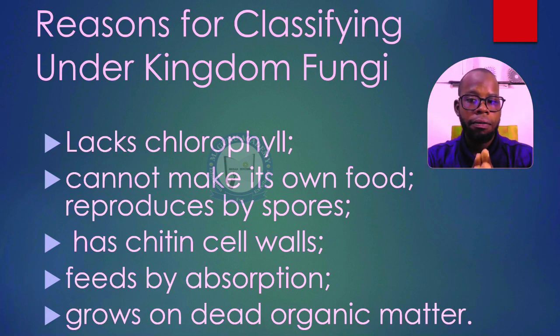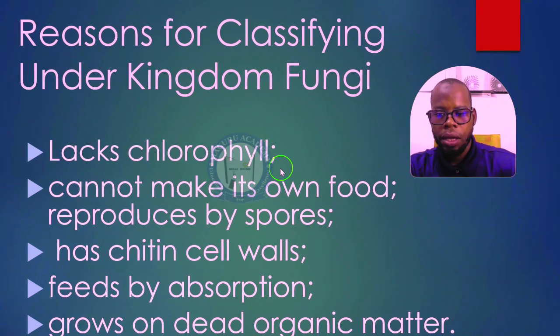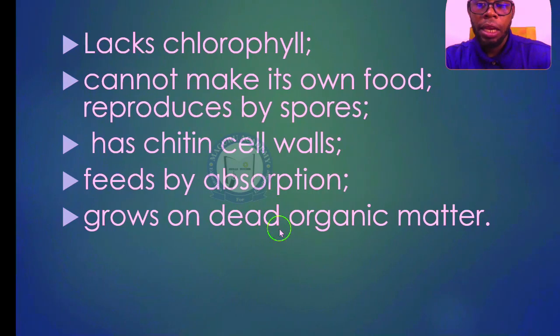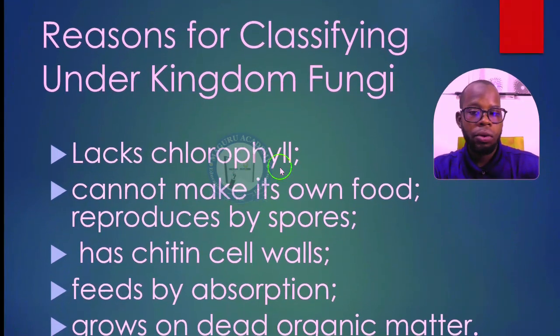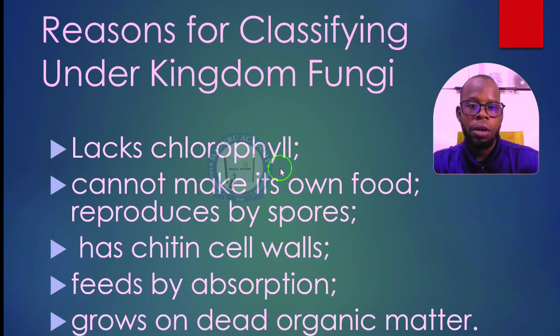It reproduces by spores. It has chitin in the cell wall, which is a feature of that kingdom. It feeds by absorption, which is the saprophytic mode of nutrition. And the last: it grows on dead organic matter. Those are the reasons why it belongs to kingdom Fungi.